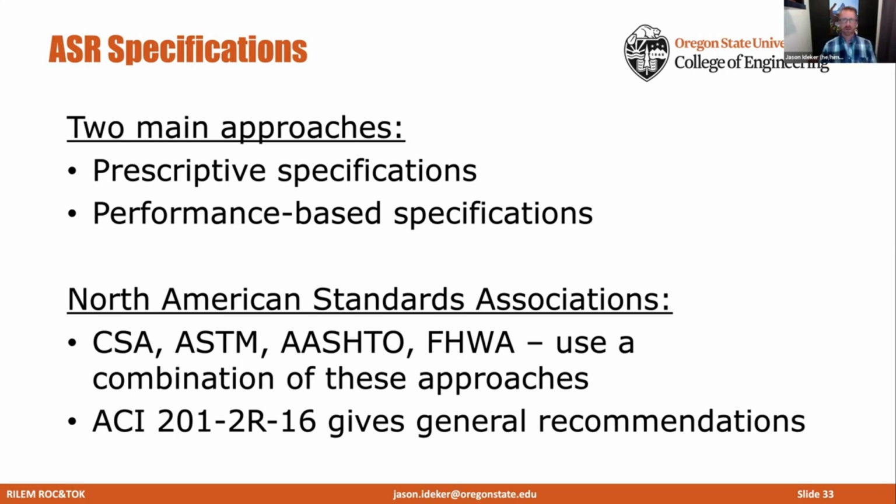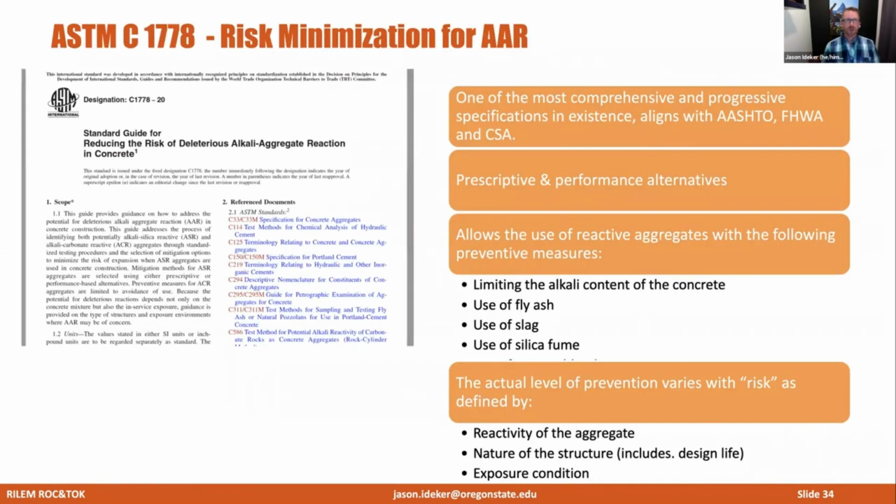In North America, we have a fairly unified approach for this between CSA, ASTM, AASHTO, and Federal Highway. ACI, the Guide to Durable Concrete, gives general recommendations, but not a prescriptive or performance-based approach like those previously mentioned standards do. The standard I'm most familiar with is ASTM C1260 and this is risk minimization for AAR.